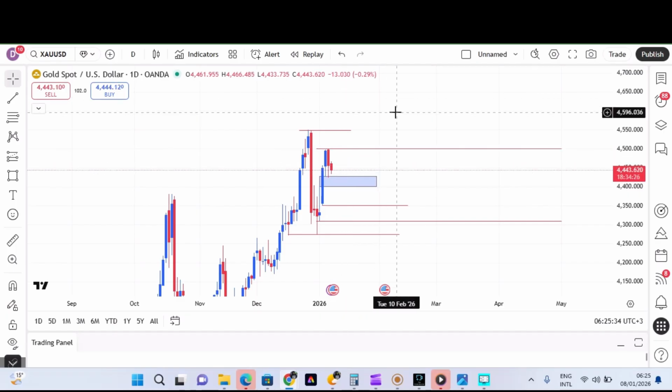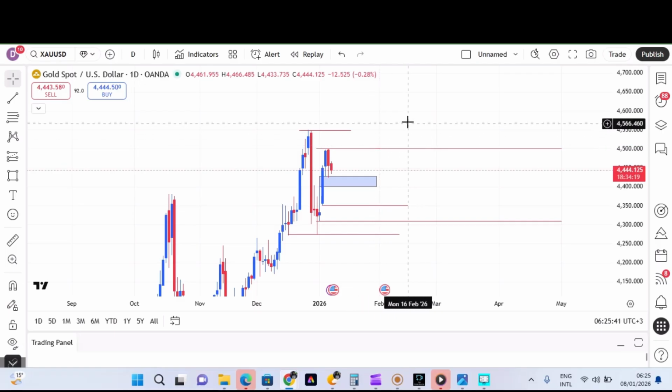It will all depend on different factors, including the fundamental factors that we are having today of the unemployment claims.